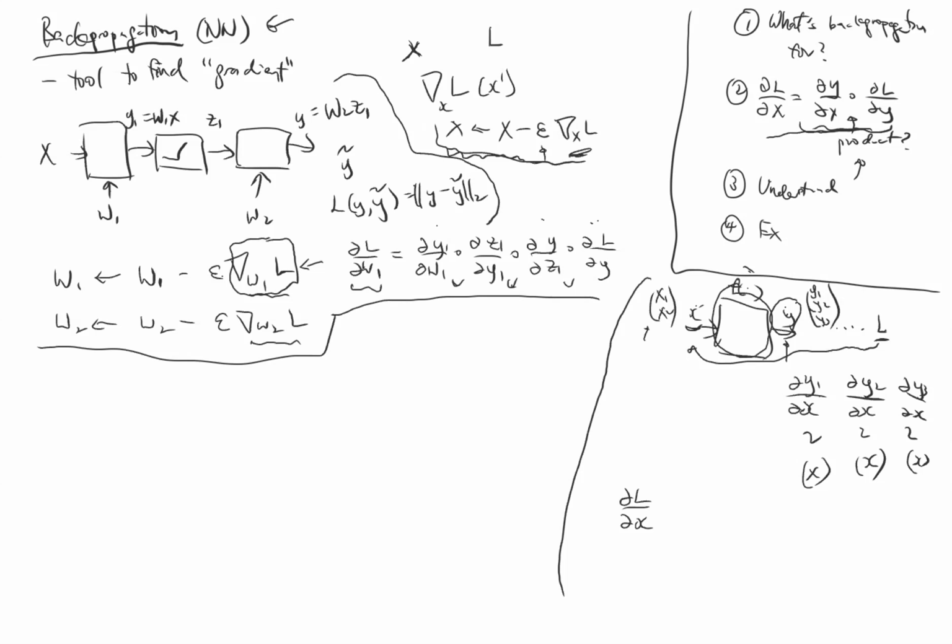So this product is really a sum of partial yi, partial x, multiplied by partial L, partial yi, and summed over i. So it can go for each of these elements of y.